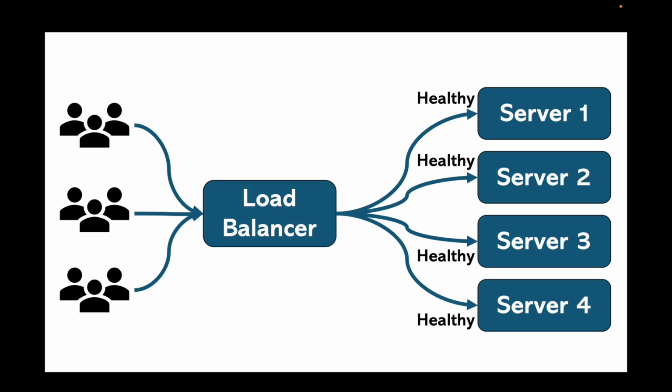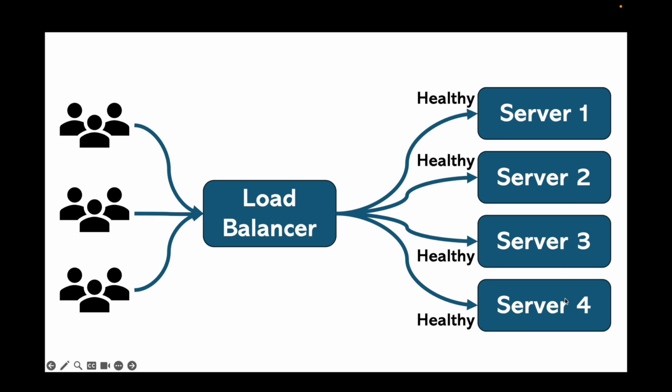So now let's say under your rolling update, we will go ahead and upgrade your server number 1. Now the load balancer will not send the traffic to this server, and the traffic will go to servers 2, 3, and then 4. And once your server number 1 is healthy with the second version of your application, then we move on to your server 2, and then so on.